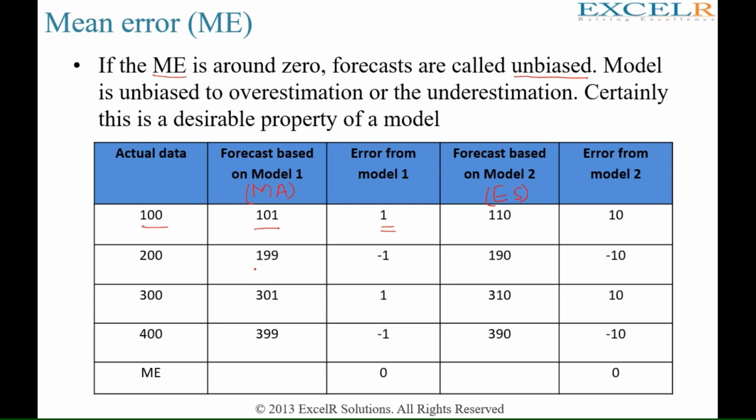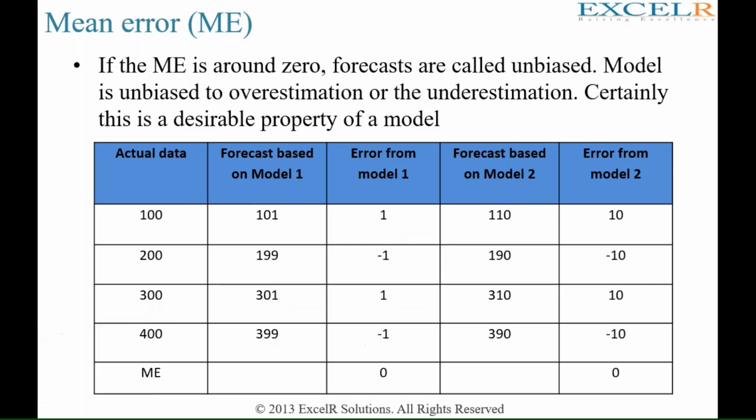Once again, forecasted value minus actual value, you get minus 1. Forecasted minus actual value, you get 1. Forecasted minus actual value, you get minus 1. And when you take a mean average, you just add all these and take the average. If you sum it up, it'll be 0. 0 upon 4 will be 0. So the mean error is 0.